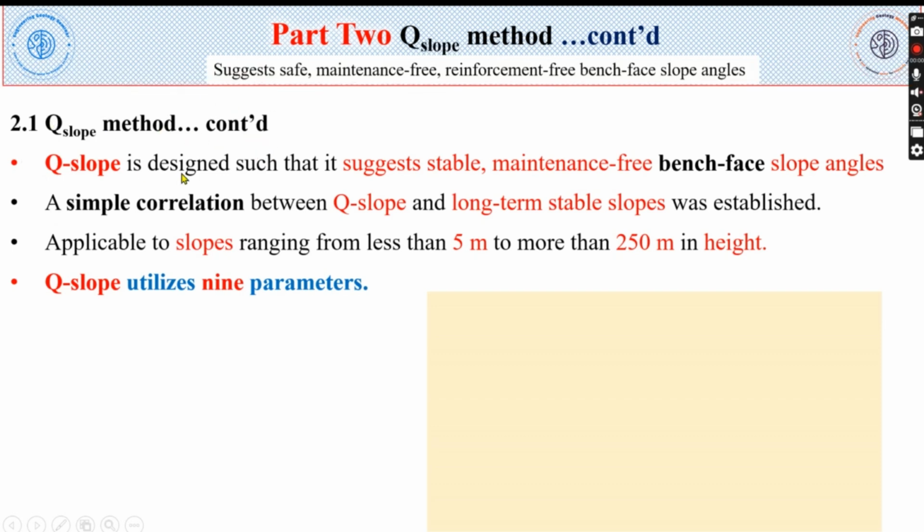So we have to see Q-slope in detail. Q-slope is designed such that it suggests stable, maintenance-free bench face slope angles. It avoids maintenance costs and also support costs.